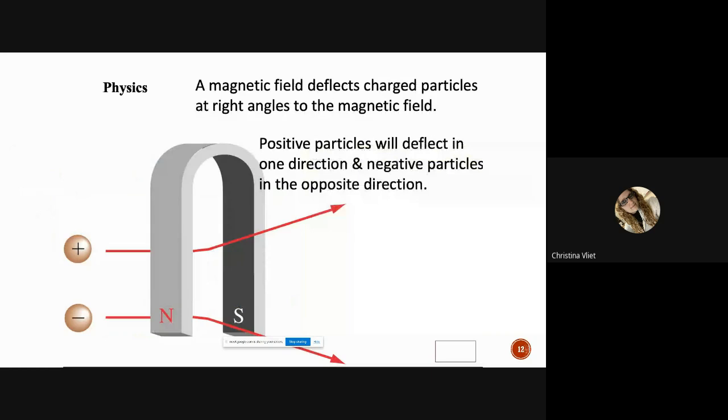Anyways, physics works a lot with charges, electrical charges, and also magnetism. A magnetic field will deflect electrical charges. The way magnets and charges work is, if I have two positive charges, do they connect? Are they attracted to each other, or do they repel?